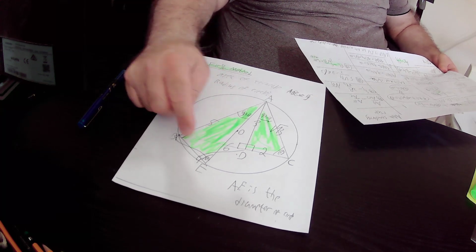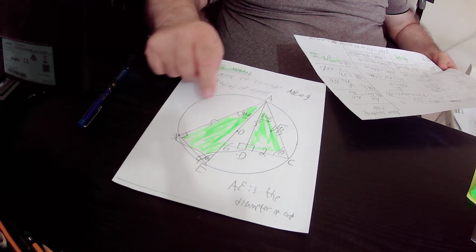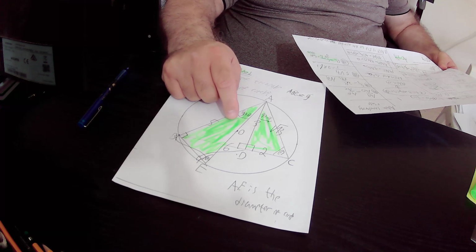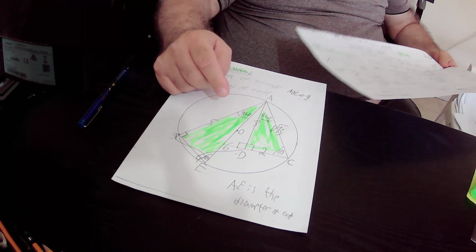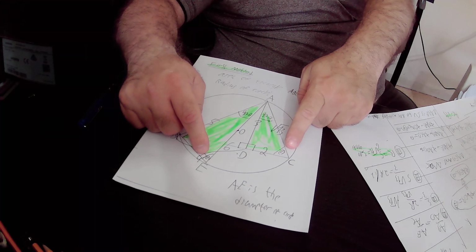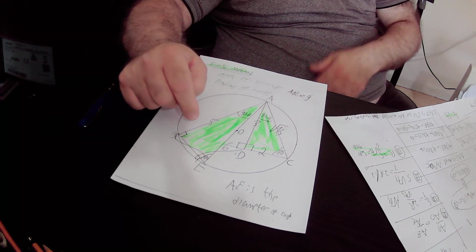We join points E and B by a straight line. And peripheral angle ABE rests on the diameter of this circle, therefore it is equal to 90 degrees. And those two angles are equal to each other because they rest on the same chord called AB.